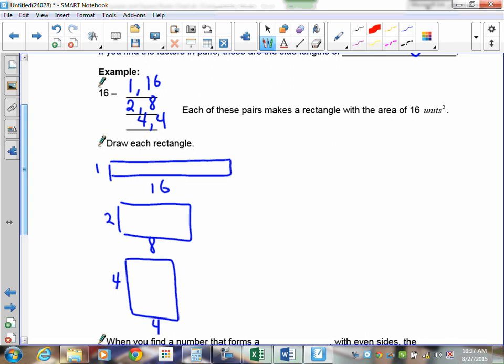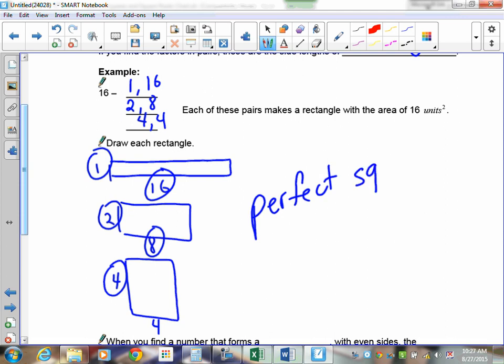Right? Each one of these rectangles has side lengths which are whole numbers. You notice that? There's no decimals here. All right. Now, because there's only 5 of them, 5 different ones, we know that this is a perfect square. Now, I'm not expecting you to draw out every one of them.